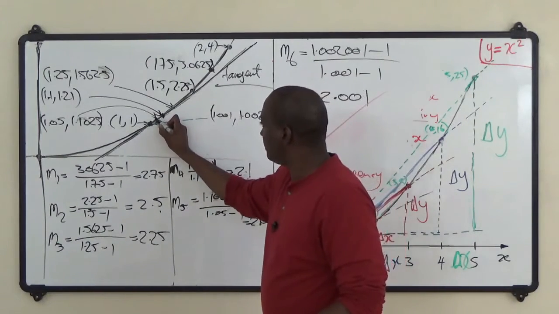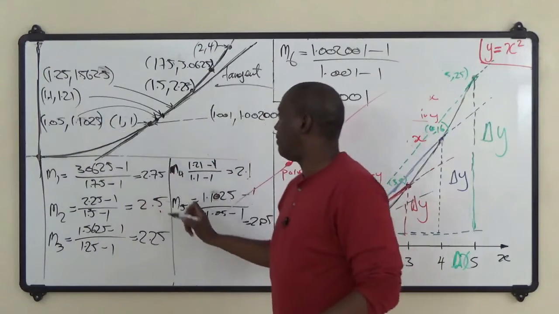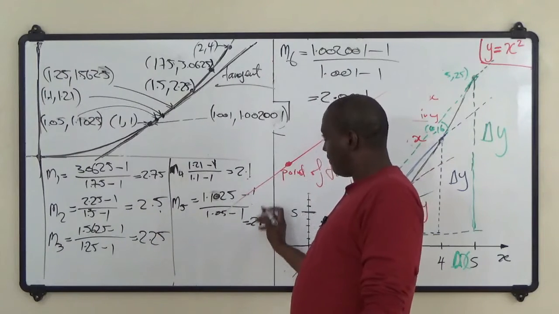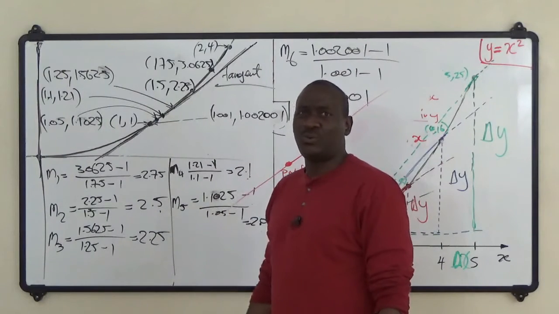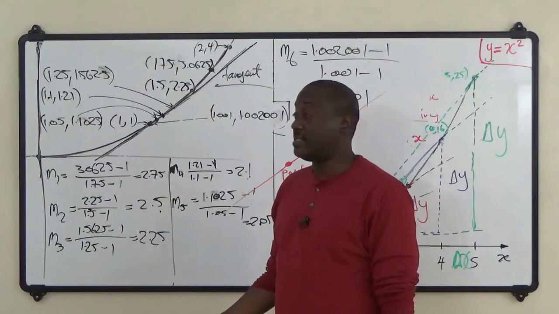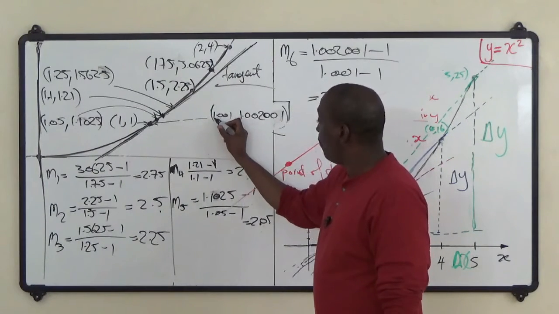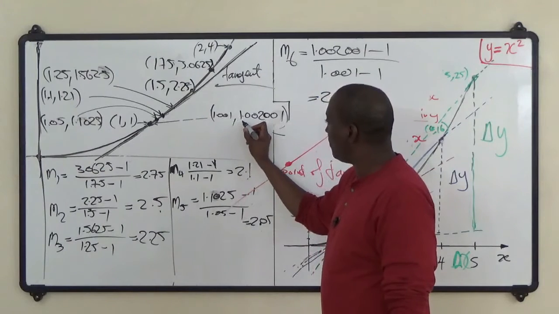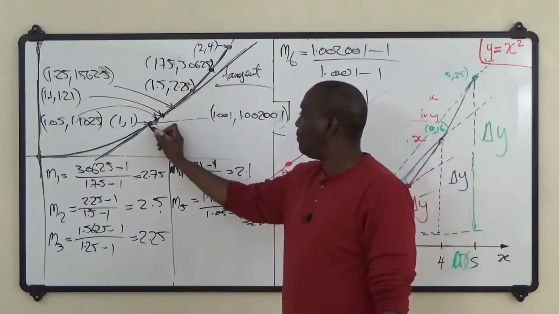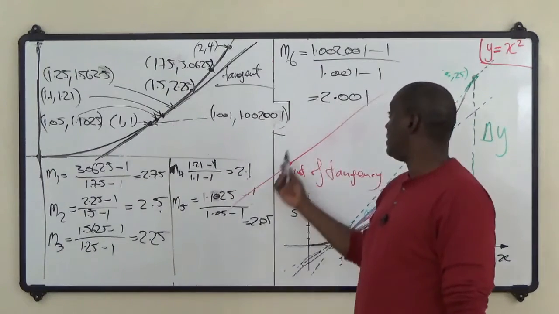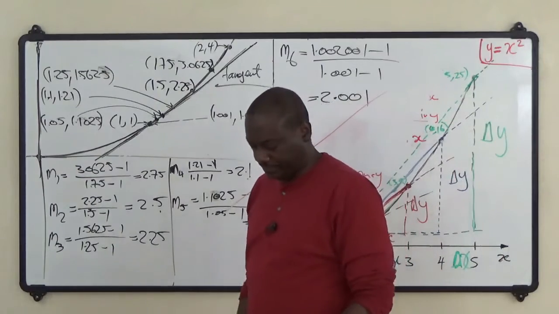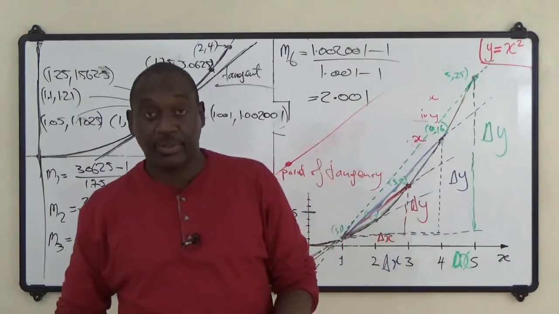Between this point, 1.05, 1.1025, and 1, the gradient is 2.05. And we throw in another point, just to make the pattern even more obvious than it already is. Between the point 1.001, 1.002001, and the point 1, the gradient is 2.001.